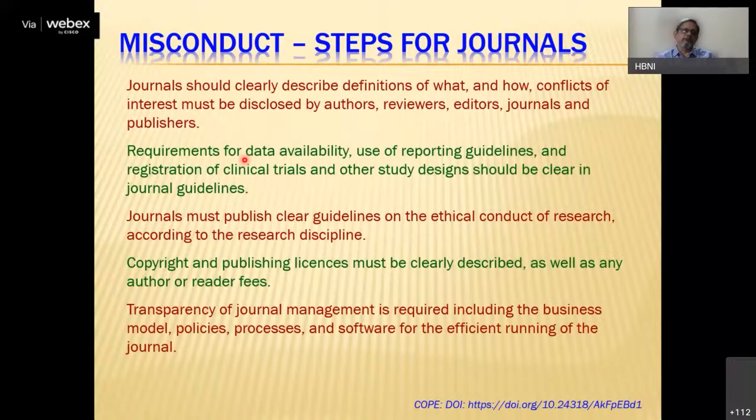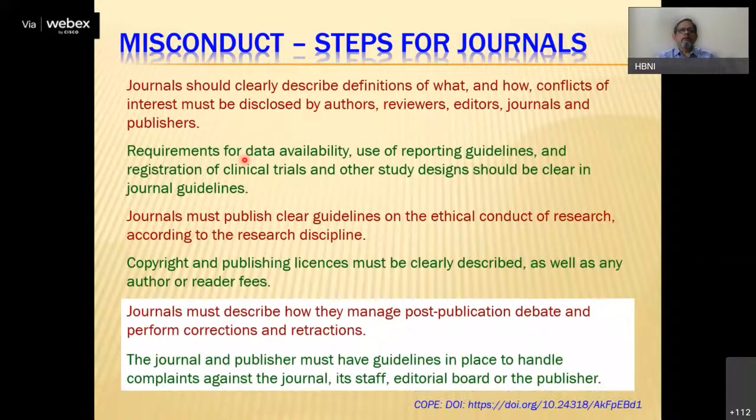Then the transparency of journal management also is required, including the business model which the journal adopts, policies, processes, and also the software for efficient running of the journal. Then finally, the journals must describe how they manage the post-publication debate and perform corrections and retractions.